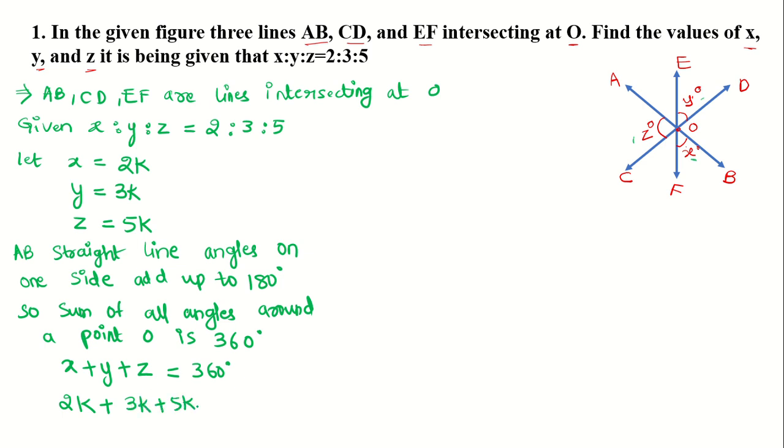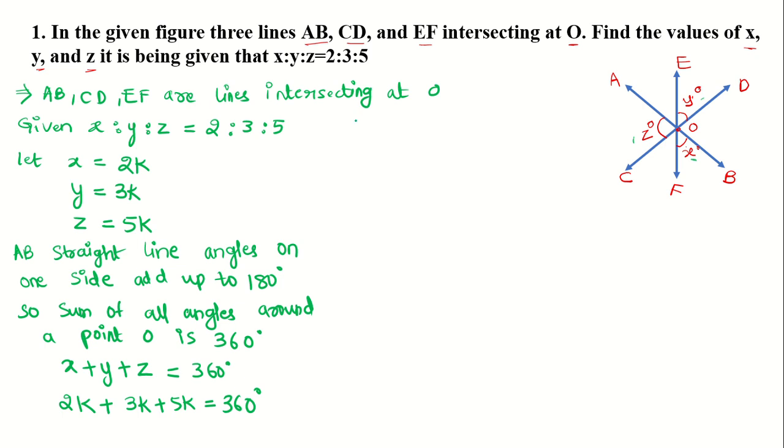It is 5k, which equals 360 degrees. Now as you can see here, we have mentioned that sum of all angles around a point is 360 degrees. Now as the lines are intersecting each other, we need to find the vertically opposite angles of the given angles in the figure.